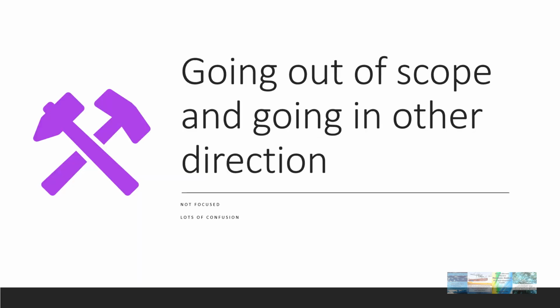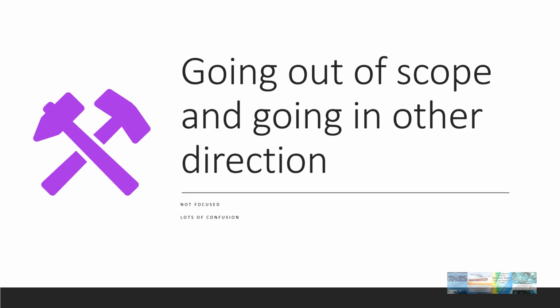So let's take a look at a few more issues in the project, such as going out of scope and going in other directions. For example, there's a target that we are going to implement, but in the middle, more things come up. We need to do this, we need to do that, we need to work on this and that.